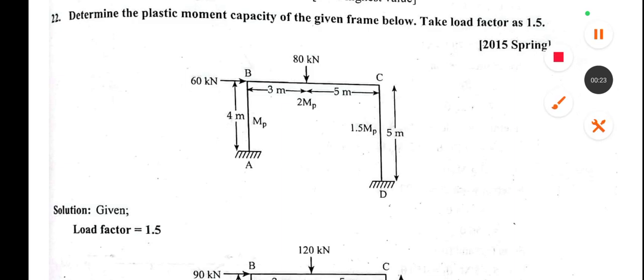In this frame two different external loads are applied.